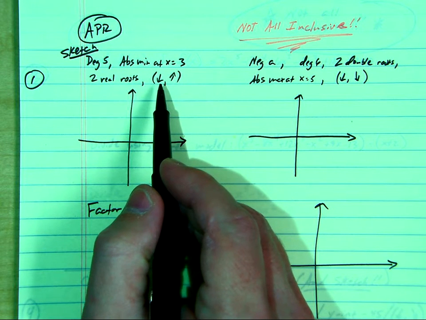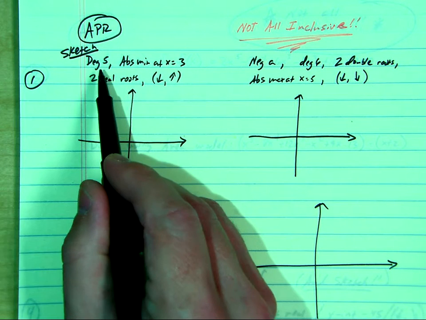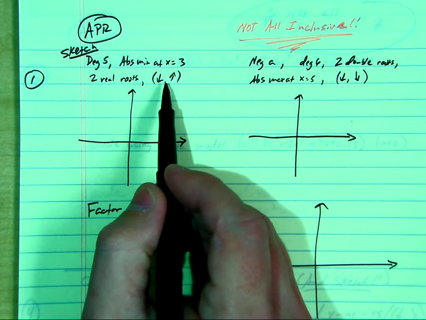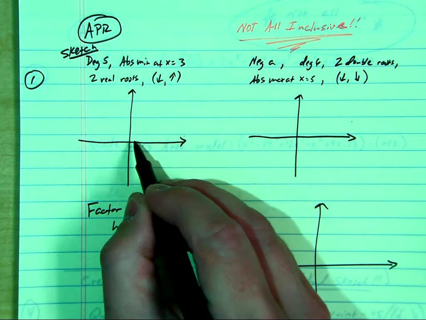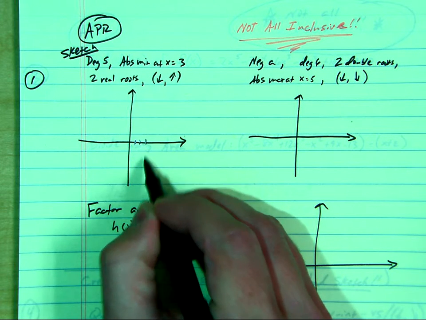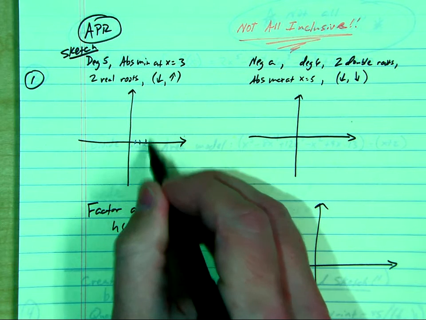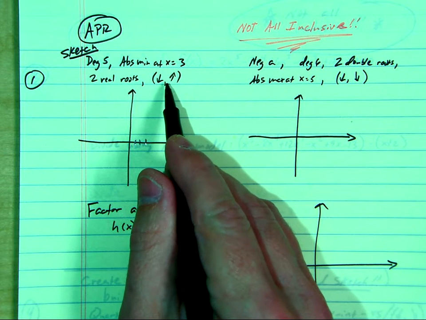Okay? So degree 5, this end behavior. That checks, doesn't it? That makes sense? How about this statement right here? Absolute minimum at x equals 3. So I want my absolute minimum to be on this vertical line somewhere. Absolute minimum with this end behavior.